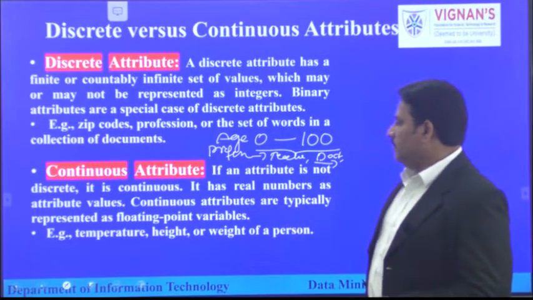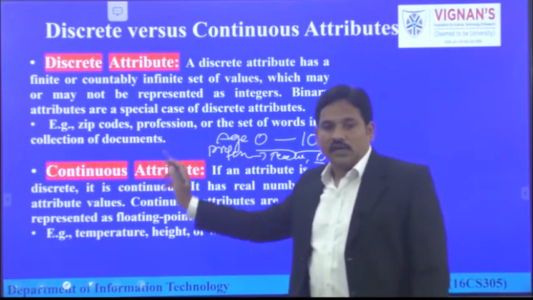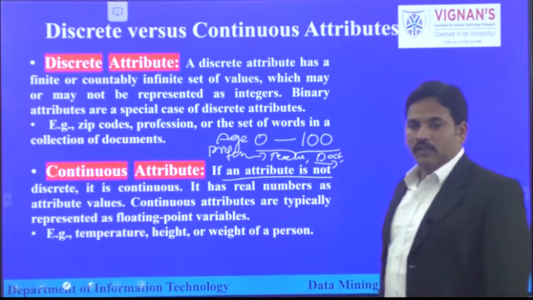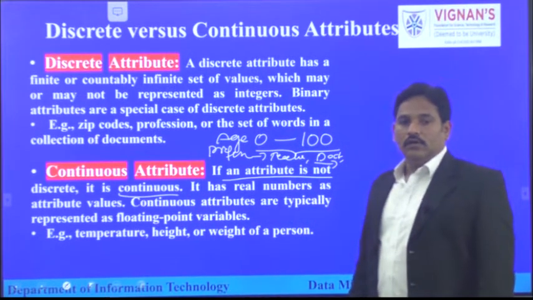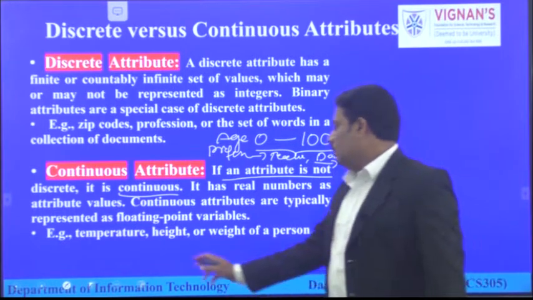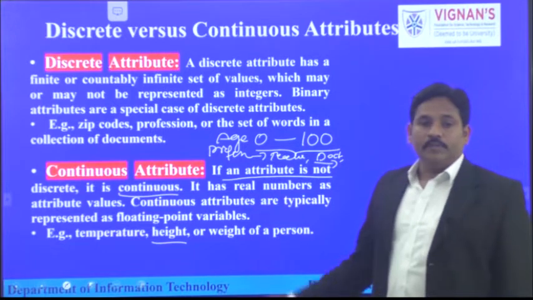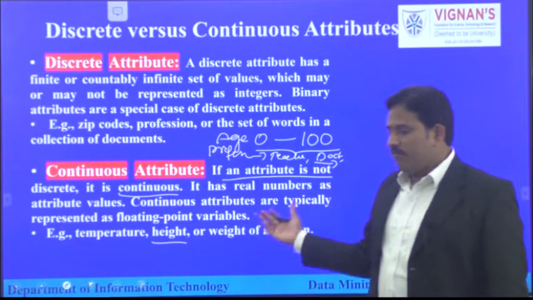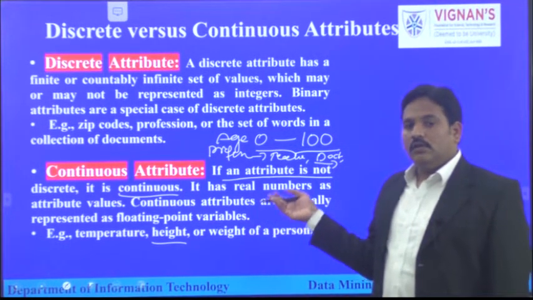When there is an attribute which is not of a fixed finite nature, we can call it a continuous attribute. If an attribute is not discrete, we can call it continuous. It has real numbers represented as floating point values, like height of a person, weight of a person, temperature. We can't fix that value. The value may vary based on that person and the value will have a real value nature.